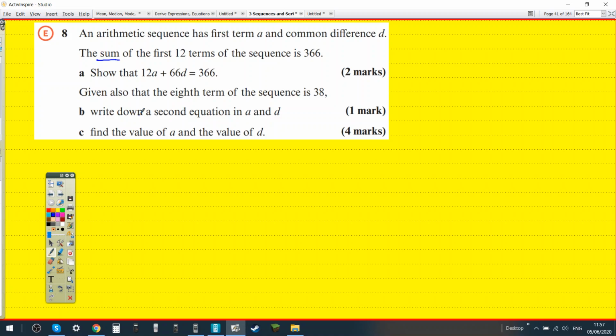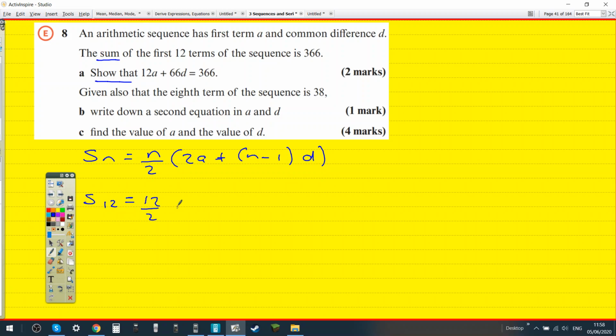If I wanted to do 366 divided by 12. Show that you can't use what they give you. It is the sum to 12 terms. That's your sum formula. What is the sum to 12 terms? Would it be 12 over 2?